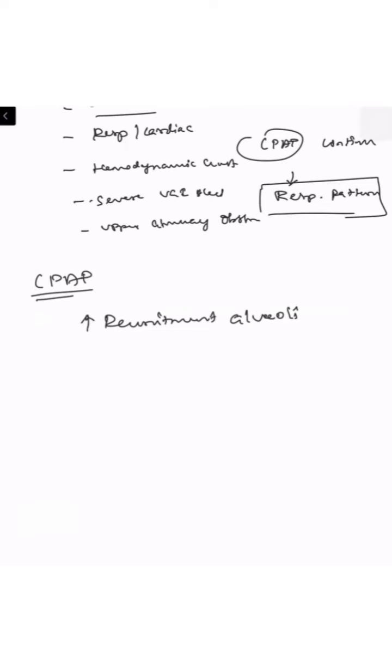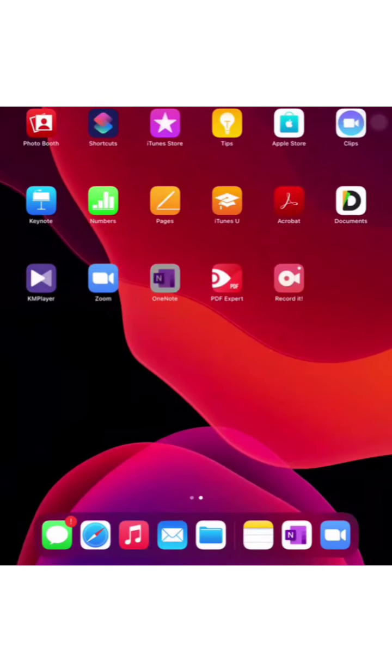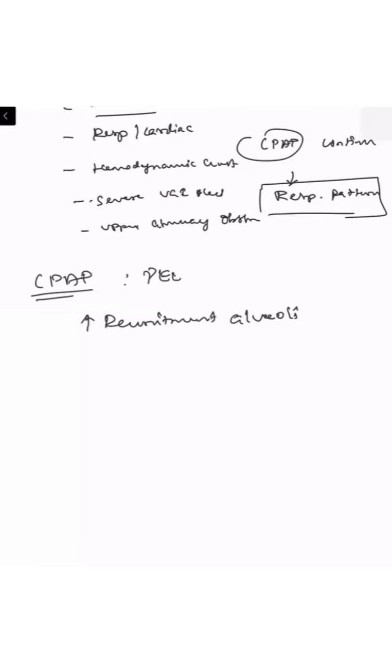This space is called shunt, or simply we can call it dead space ventilation. But by giving the CPAP, you are increasing the availability of alveoli by recruiting more alveoli, so you can increase the oxygenation. But this happens only with a peak pressure of 5 to 12 centimeter of water.